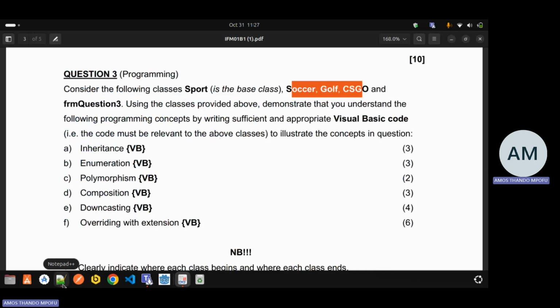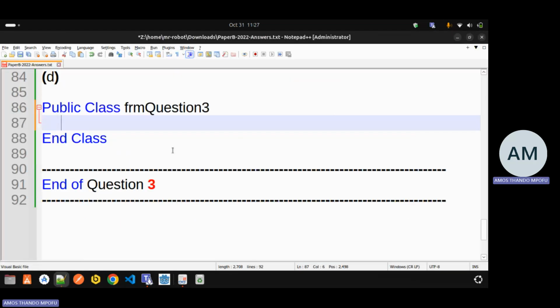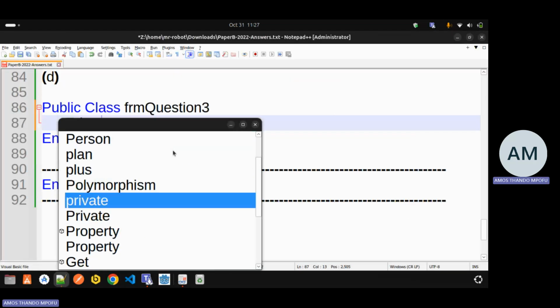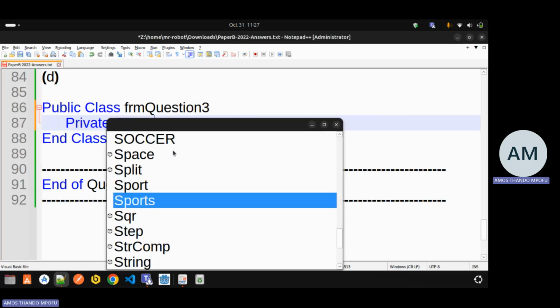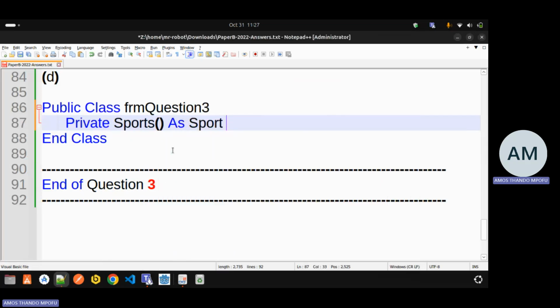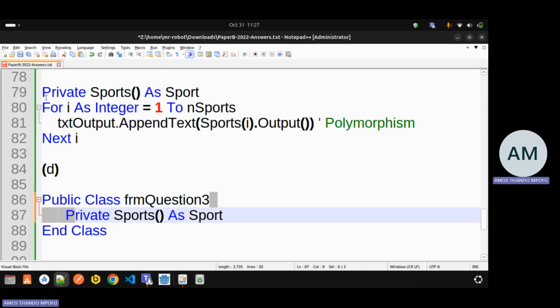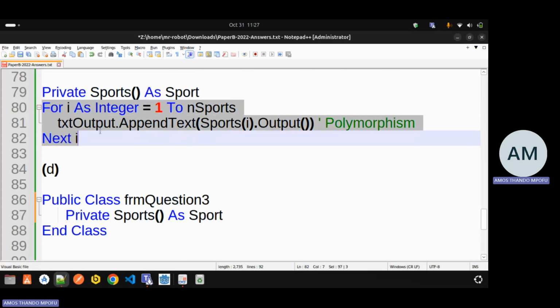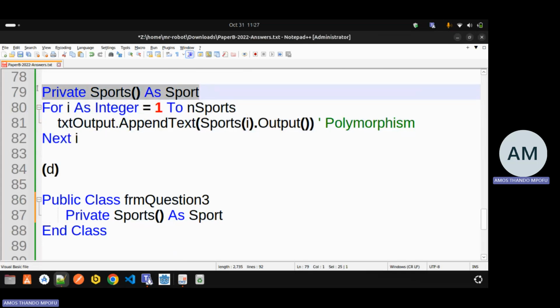So each form, and then here I'm going to create that array. So private sports. Don't worry about the fact that I used it in the previous question. Remember, in the previous question, I didn't specify public class FRM form because that was not the point. I was trying to demonstrate this, right? Or you can even just omit it entirely.